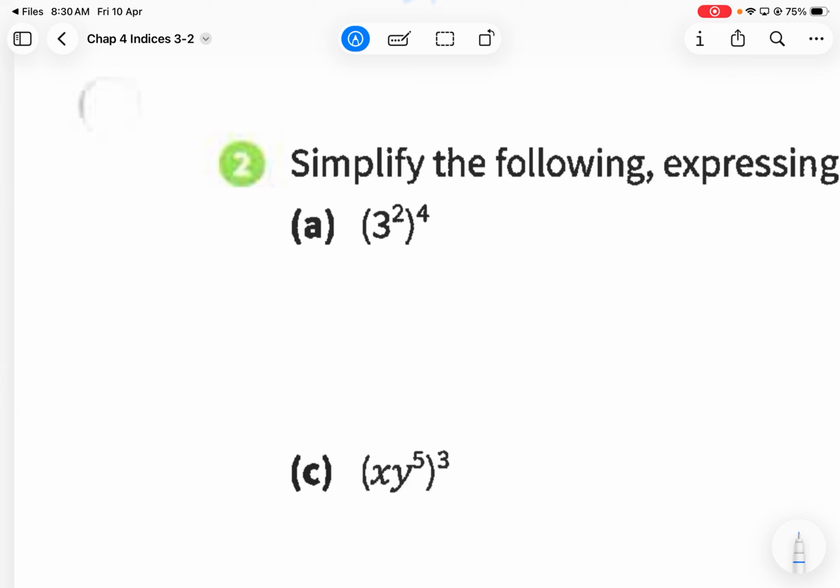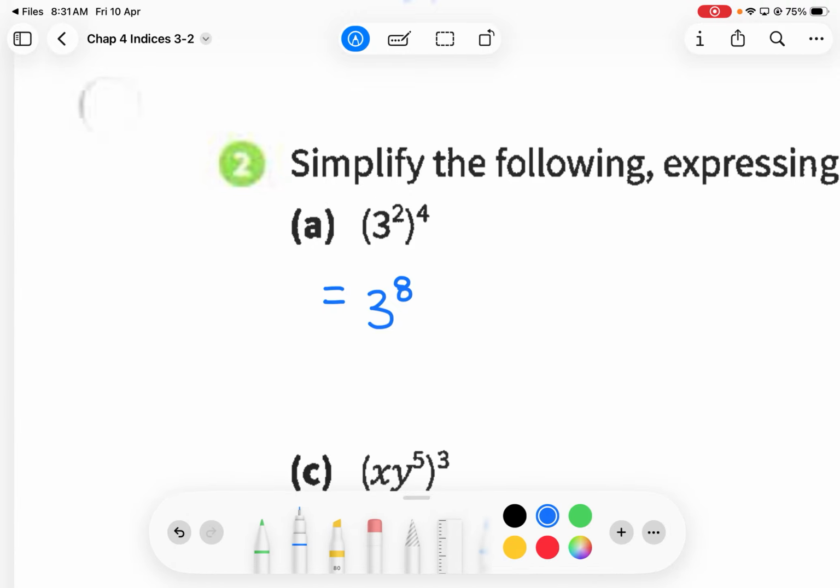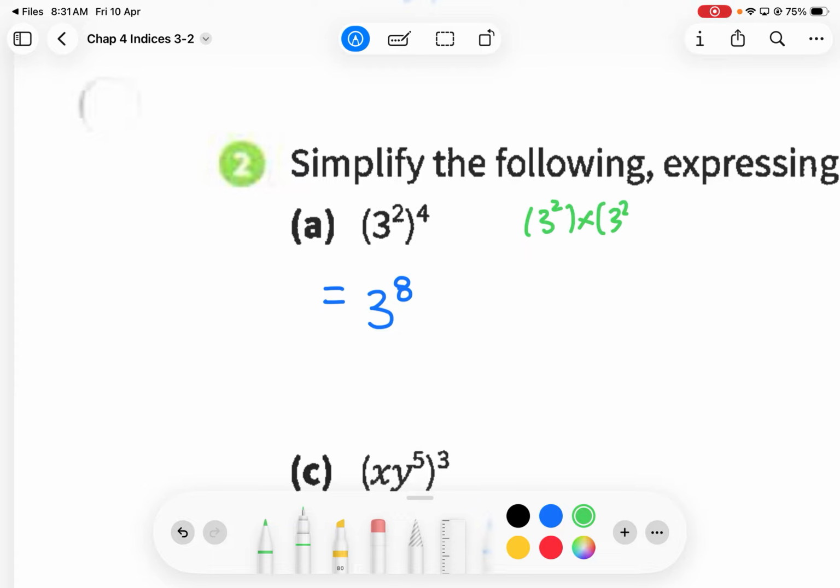Okay? 3 square to the power of 4. Go. So this one is actually 3 square multiplied by itself 4 times. Okay? So if you remember, it is just 2 times 4. If you don't remember, you go and write a bit at the side. 3 square times 3 square times 3 square times 3 square.